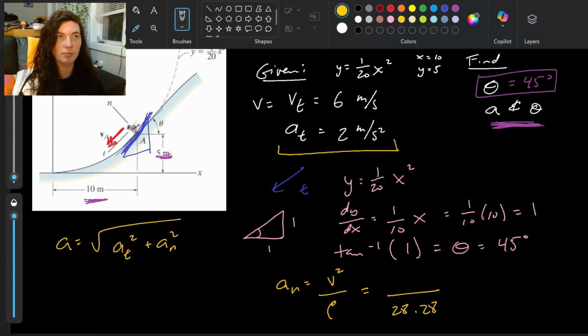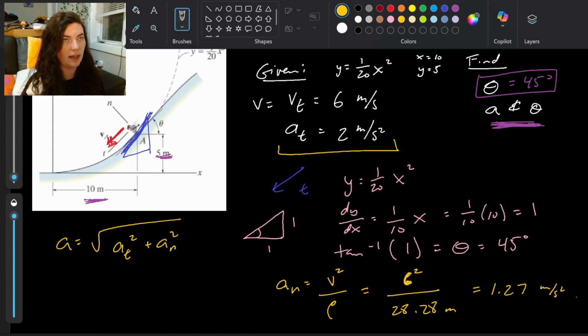It remains the exact same. 28.28 meters, and our velocity was given to us as 6 meters per second. All of that is squared. 6 squared over 28.28 gives us 1.27.